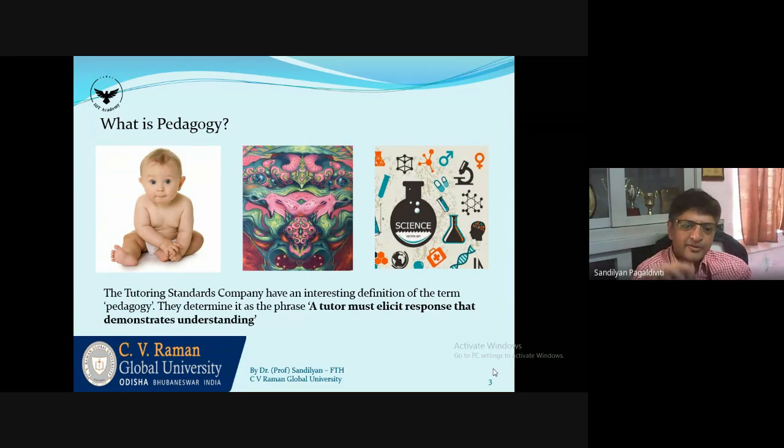And there is a very interesting definition which I have written down there. A tutor must elicit responses that demonstrate understanding. When you read this and understand, then you will be able to realize a little more clearly what a classroom session is all about.